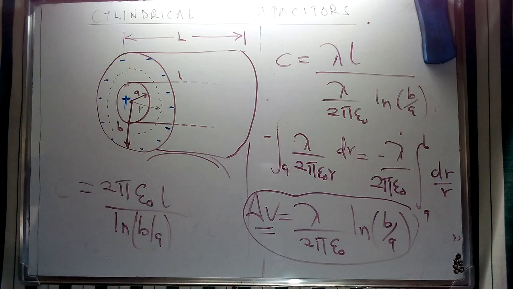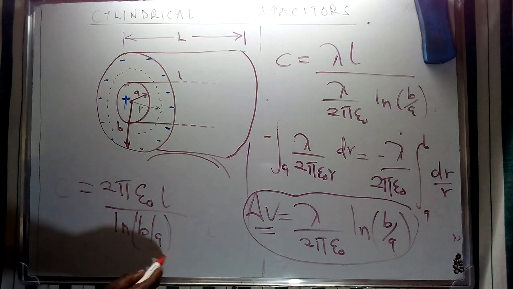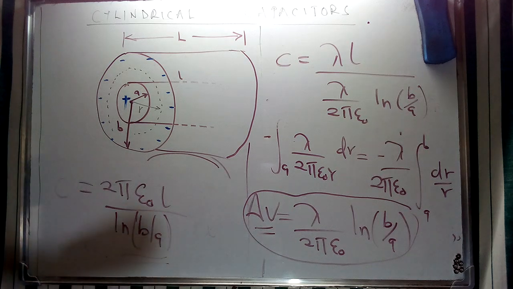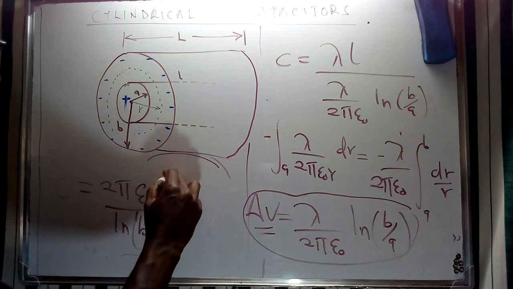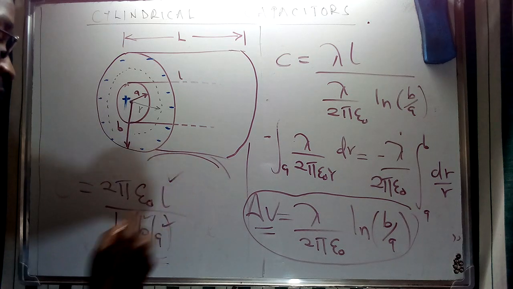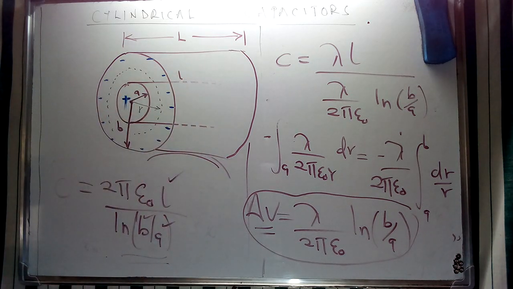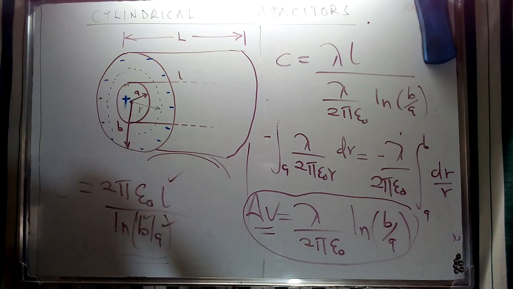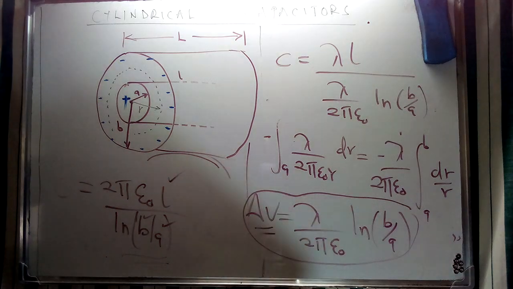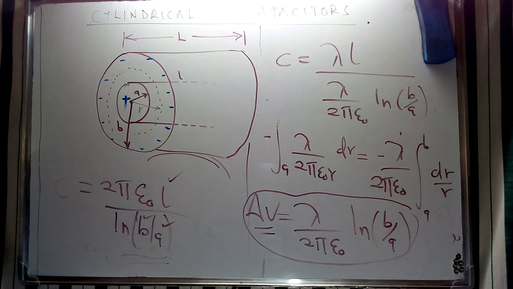Therefore, we can conclude that the capacitance of a cylindrical capacitor depends on the geometrical factors, which are basically L, A, and B, of this specific configuration. From our first case, for the parallel plates, it also depended on the configuration of those plates.